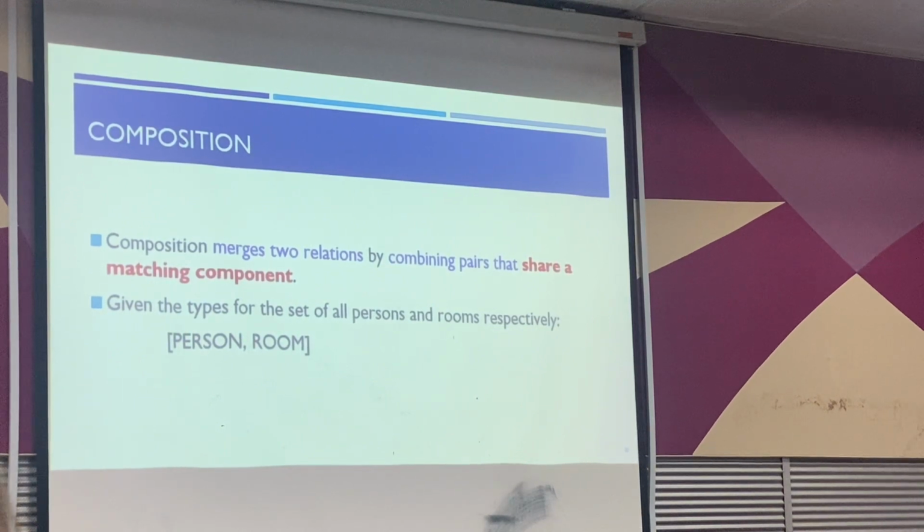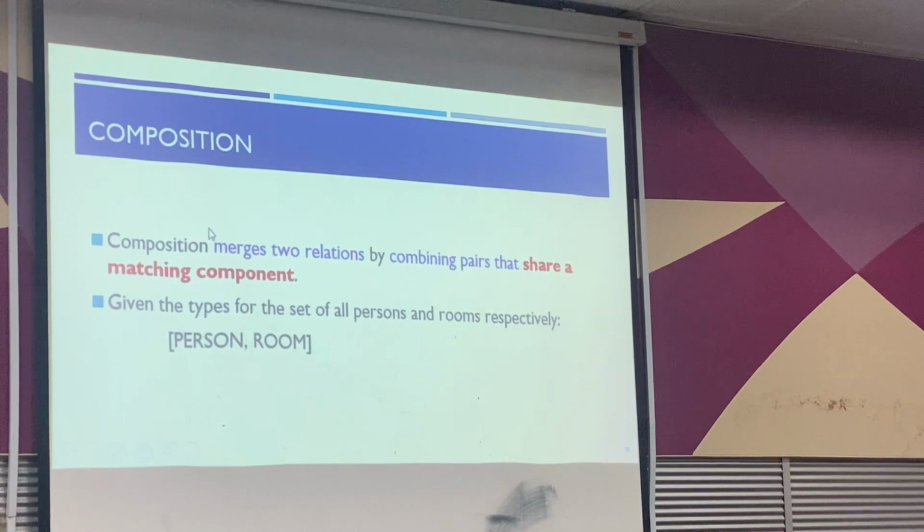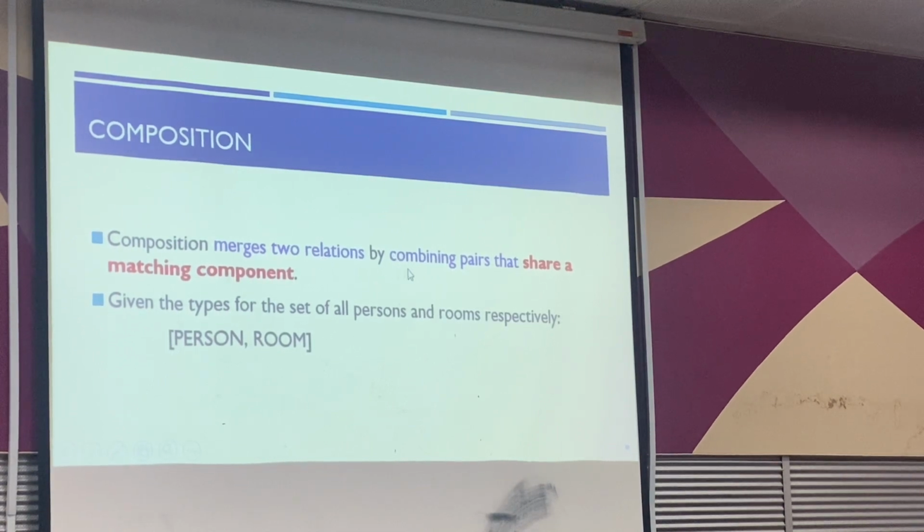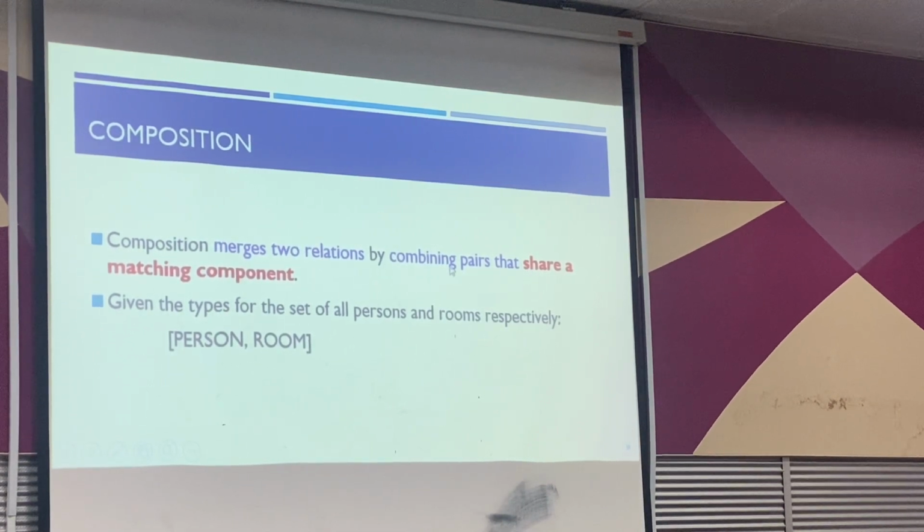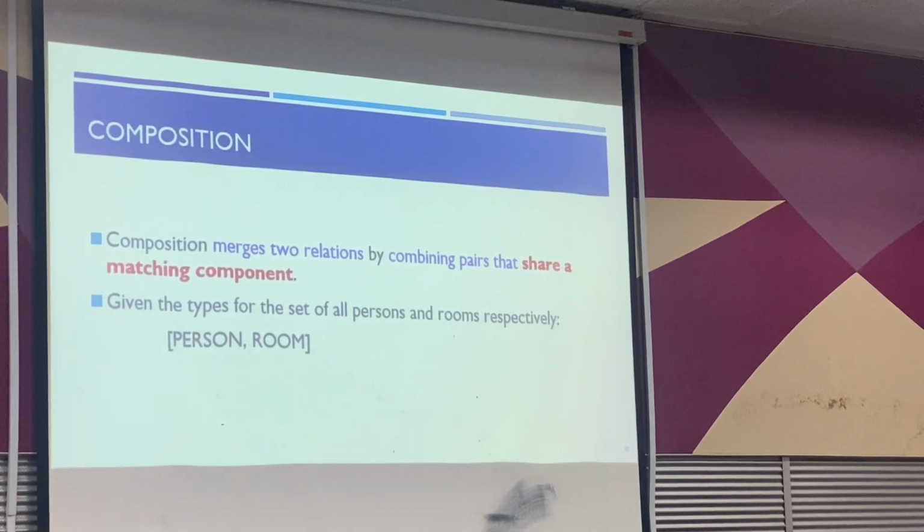Another thing that you may also do in your relation is what we call composition. You are merging two relations by combining pairs that share a matching component. If not matching, then you can't do it. For example, I have two basic types here, person and room.